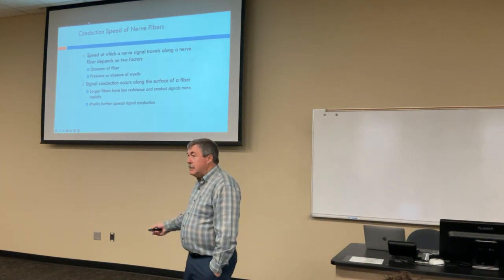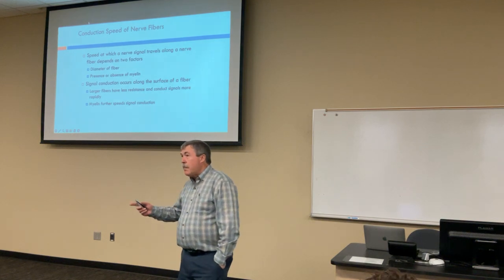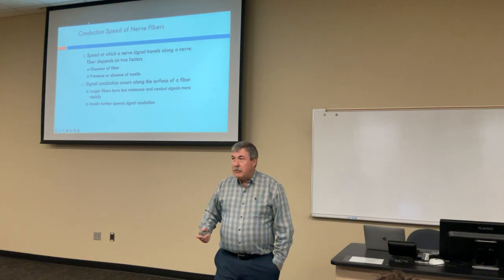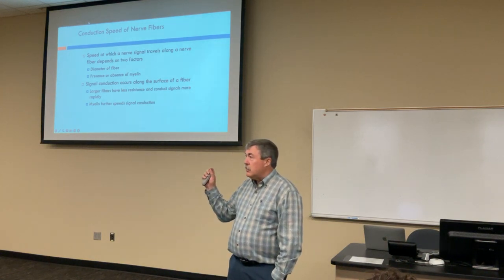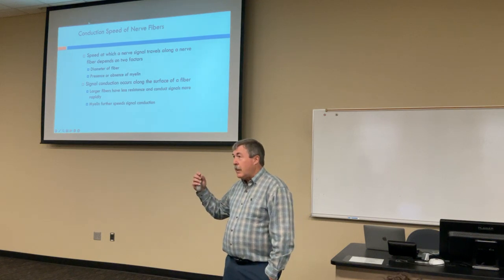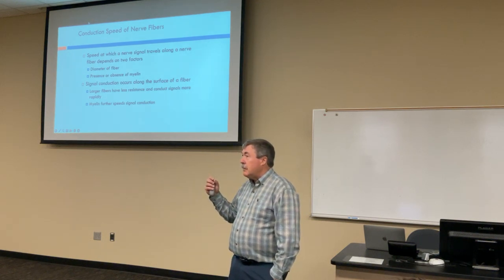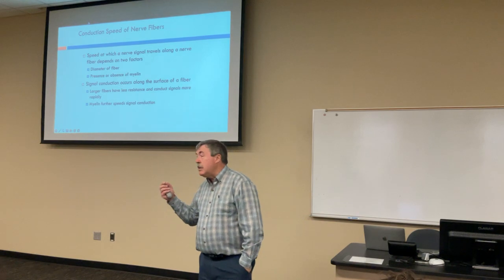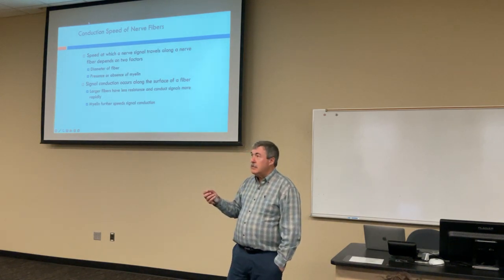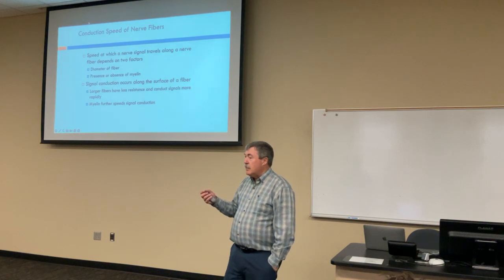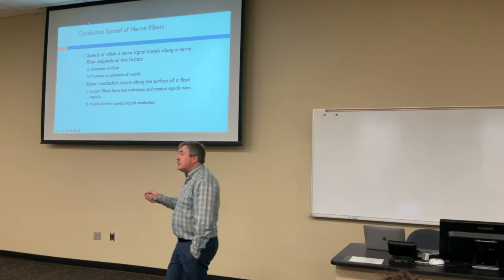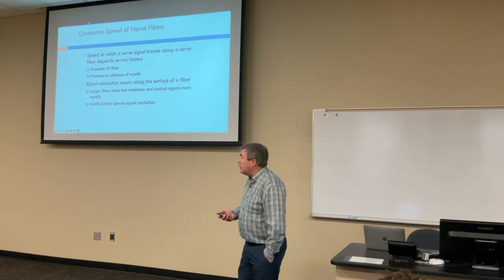So conduction speed or velocity is the distance covered per unit of time, like meters per second. Okay, so it's reported as the time it takes over a standardized distance. So distance is not a factor in velocity.